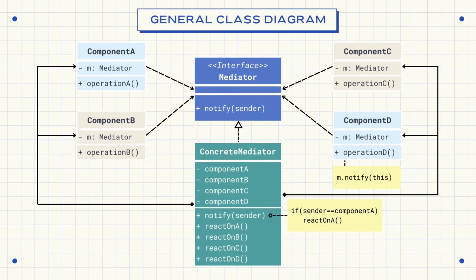Now that we know what mediators are and when to use them, let's see how to use them. This is a general class diagram for the mediator design pattern. You can see components A, B, C, D are classes that contain some operations. Each component has a reference to the mediator.